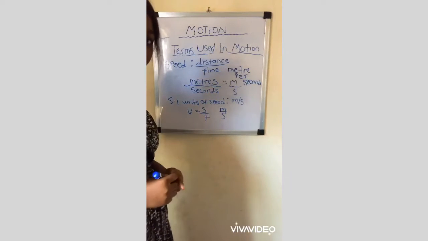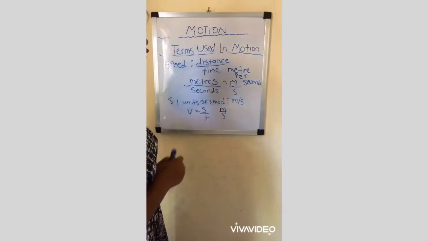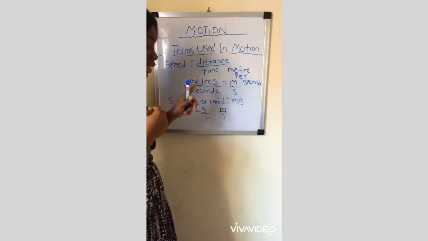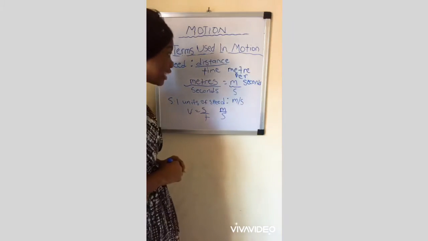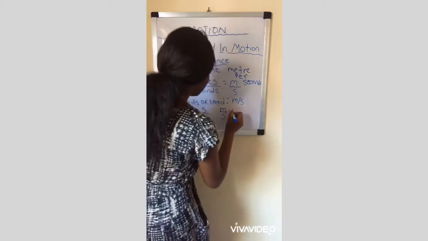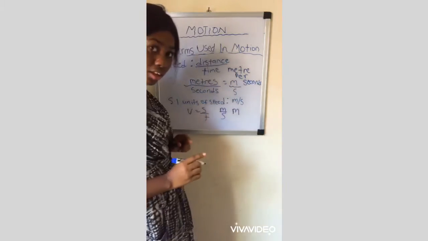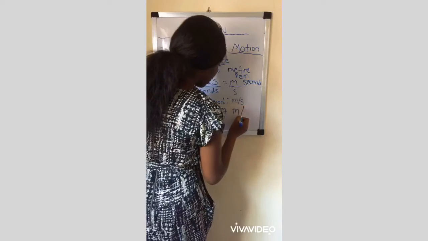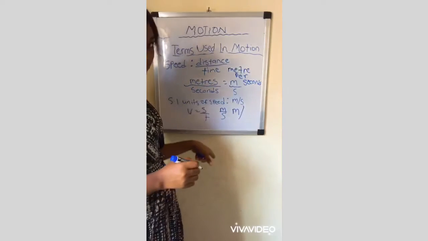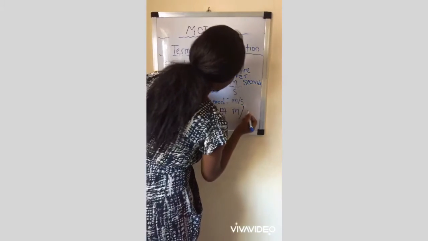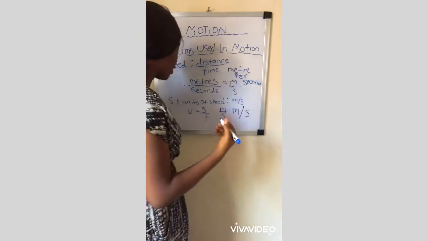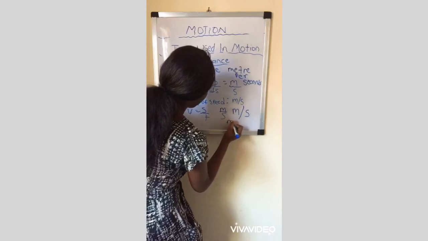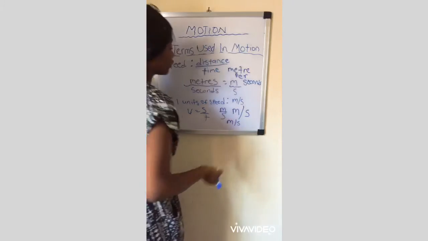The best way is to write it in letters. That's why SI units are very, very important. So you write it in letters: m, then the slash used to represent per, then s. So this is how we got the SI unit for speed, which is meter per second.